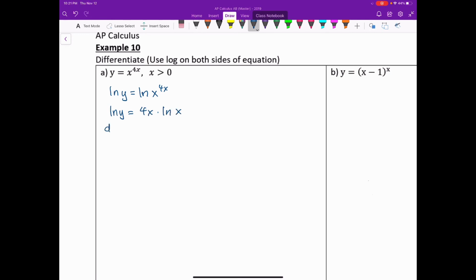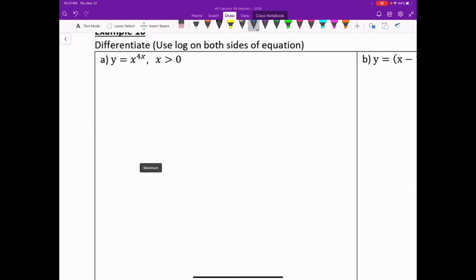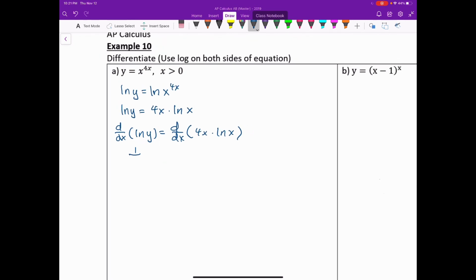Then I'm going to differentiate with respect to x on both sides implicitly. So I'm basically doing this problem implicitly. Remember, on the left-hand side, the derivative of the natural log of something is 1 over y, using the chain rule; the inner function is y, so the derivative of y with respect to x is dy/dx. And that is equal to, and here I have to remember to use the product rule.